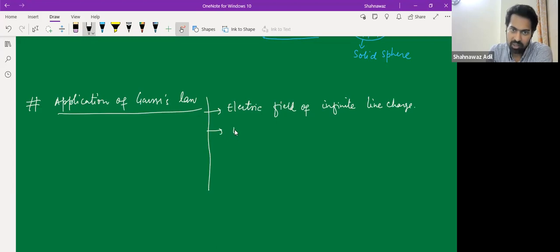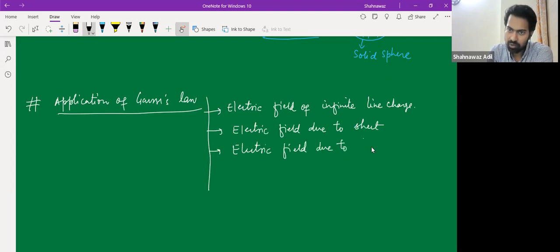And then we will calculate the electric field due to sheet, and then we will calculate the electric field due to hollow sphere. Okay, guys.